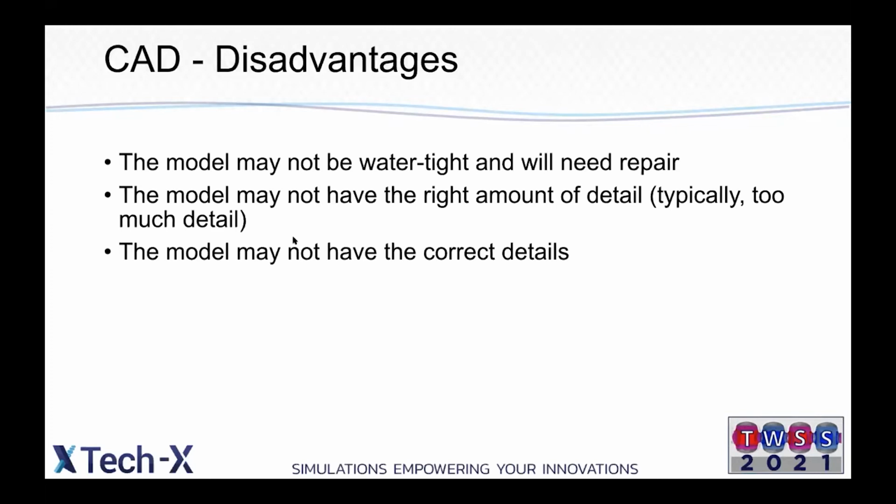If it's an engineering model, it may have way too much detail, things like threads on bolts that you're not concerned with, but it might be missing some other detail that you need. For example, maybe precise antenna locations or things like that. So depending where you've gotten your model, you may run into some of those issues.